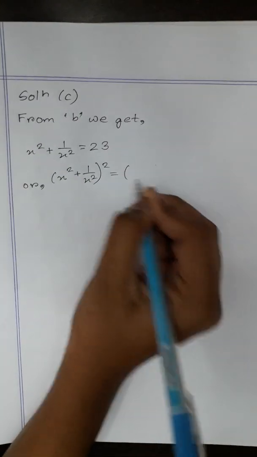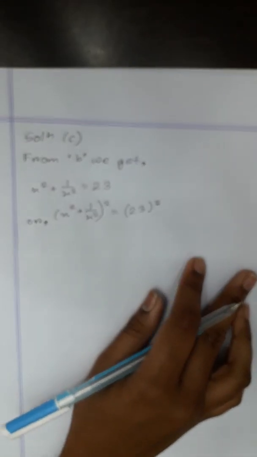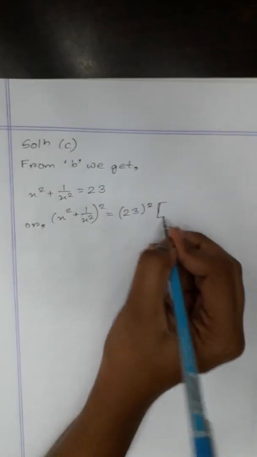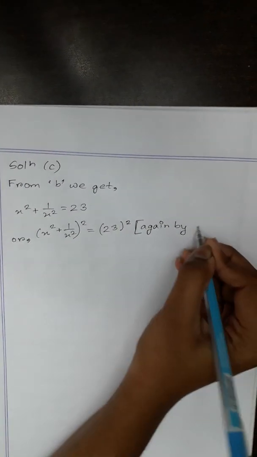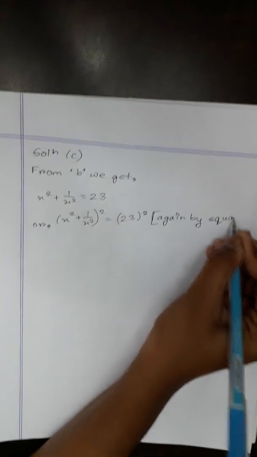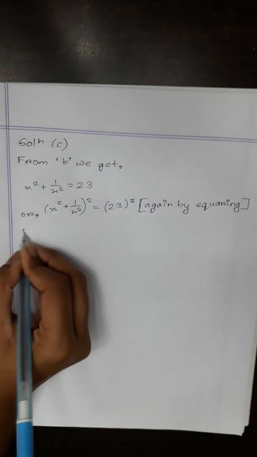Now let's move on to the final math. x squared plus 1/x squared, we need to put a whole square on both sides to make it easier. It would be better if we write again: by squaring. So here we go.